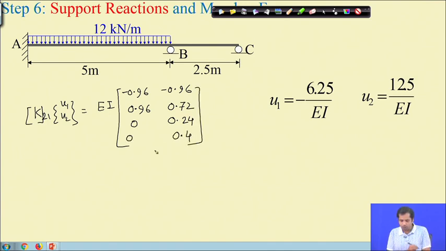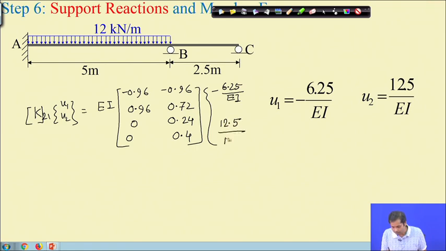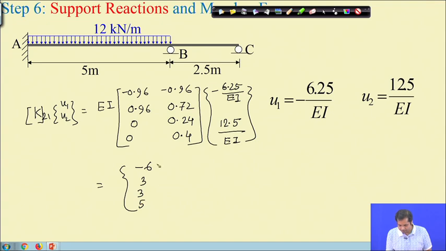Okay. Now, this is for this, and then we have U1, U2, which are minus 6.25 by EI and 12.5 by EI. If we do this multiplication, the EI and EI get cancelled, and this gives us minus 6, 3, then 3 and then 5.